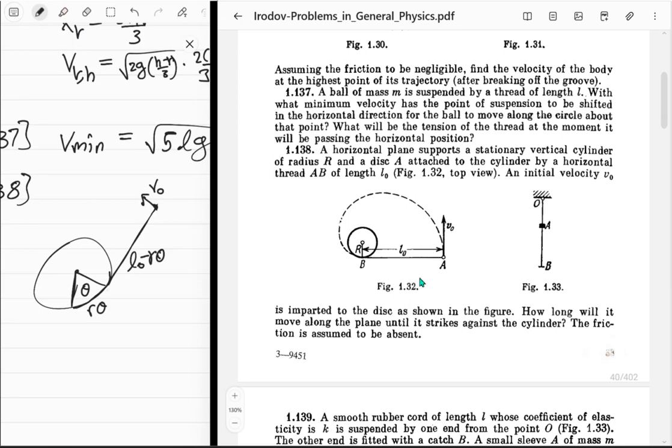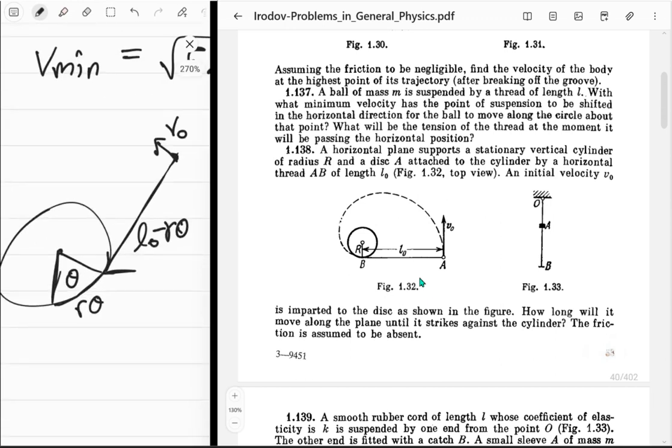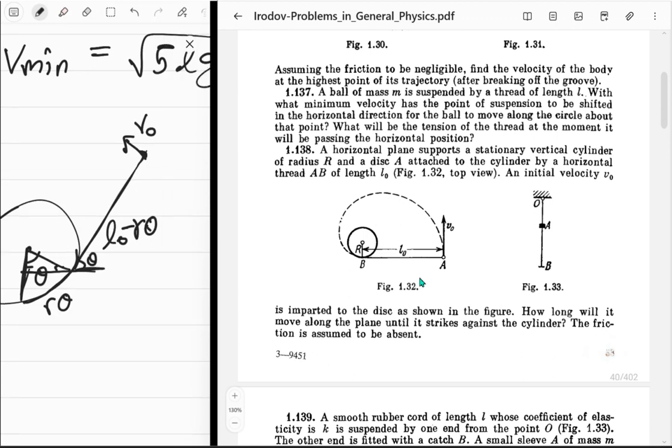What angle is this? This angle is supposed to be theta. So it's 90 over here, so 90 minus theta, and then it should be theta right here.